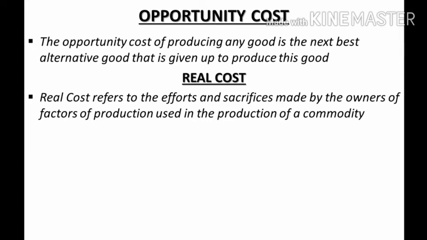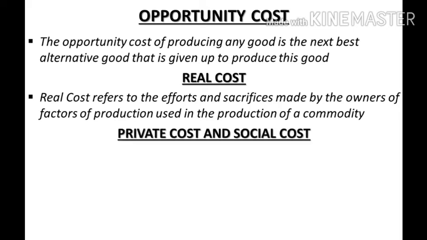Owners of capital and land have to make sacrifices by not using these resources themselves, or in terms of sacrifices involved in saving and capital accumulation. So real cost refers to the pain, sacrifice, discomfort and disutility which is involved in providing factor services required to produce a commodity to someone else and not using them for your own sake. This is what you mean by real cost.